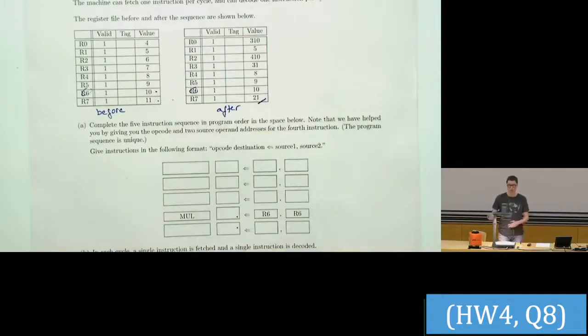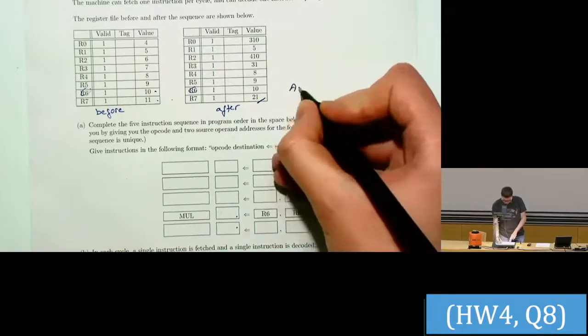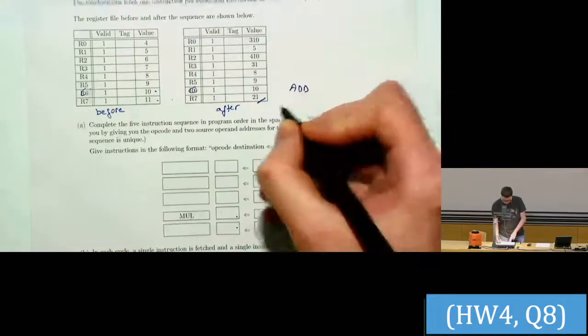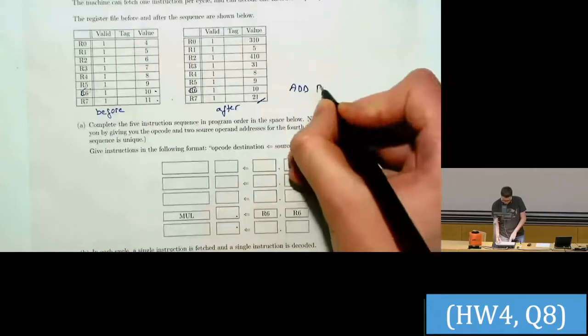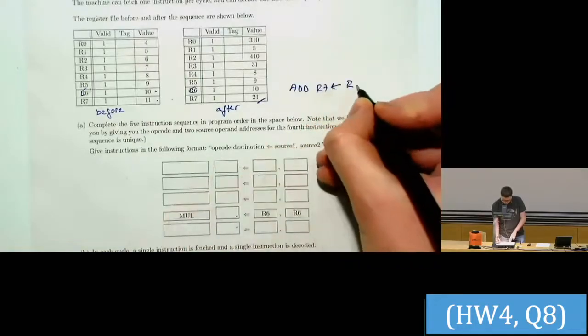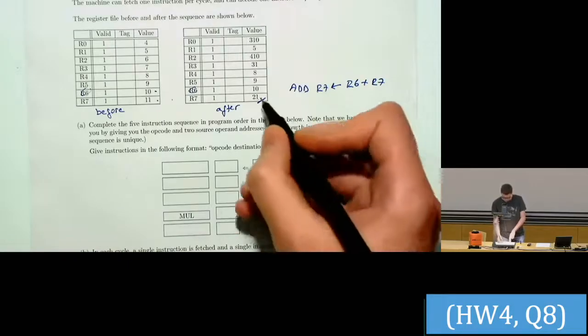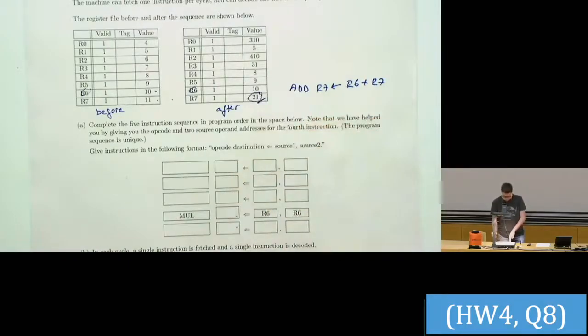We cannot multiply 11 and 1 because we don't have 1 in the register file. So one instruction should be an add which writes to R7 and uses R6 and R7 as source registers, okay? So this is creating 21 in here.